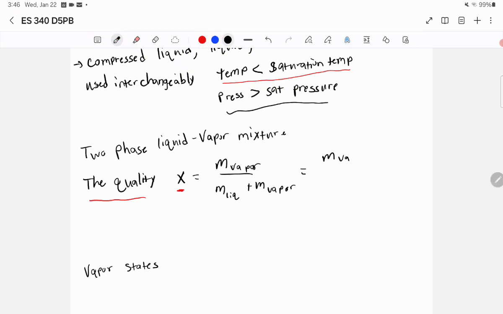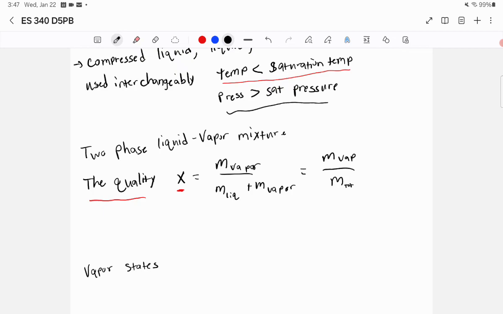This is the mass of the vapor divided by the total mass, or just M. Okay, and because obviously there's no mass in any other states, because it's a two-phase mixture, not a three-phase one, that's the total mass there.